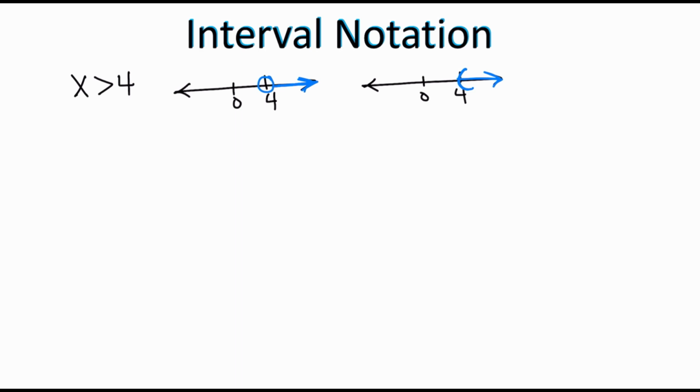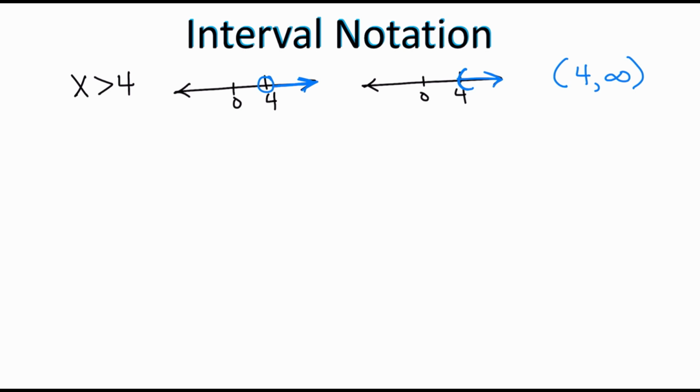In terms of interval notation, this means that I want to start at 4 and I'm headed towards positive infinity. Because this is not or equal to, that is why you see a parenthesis. And because I'm headed towards positive infinity, you see positive infinity on the right-hand side.